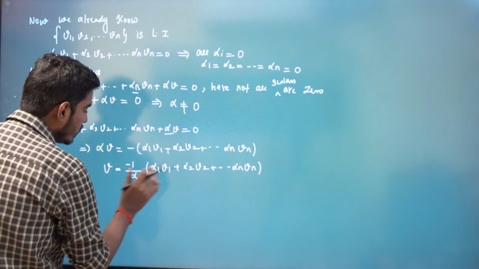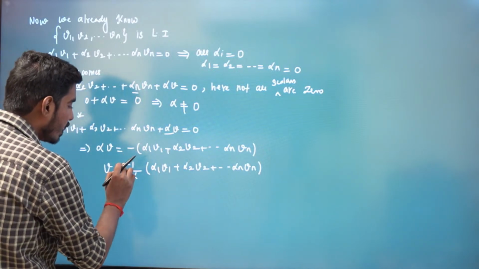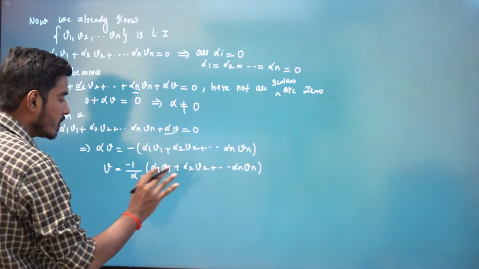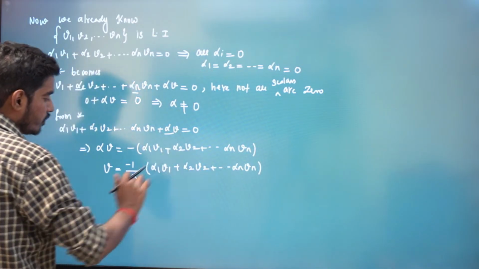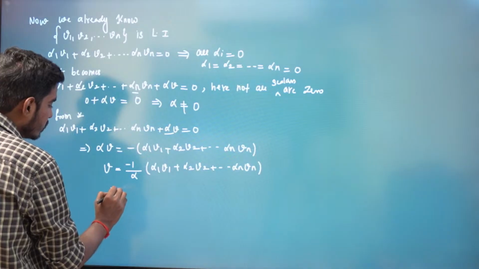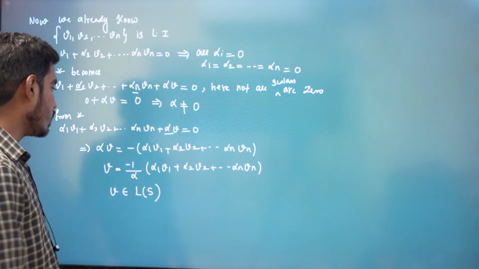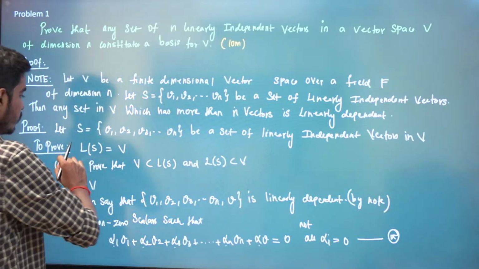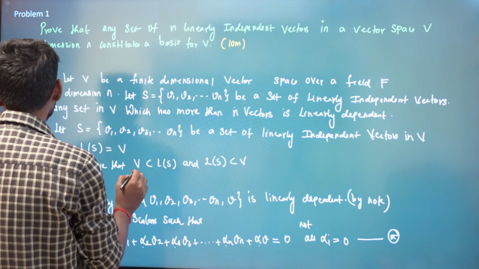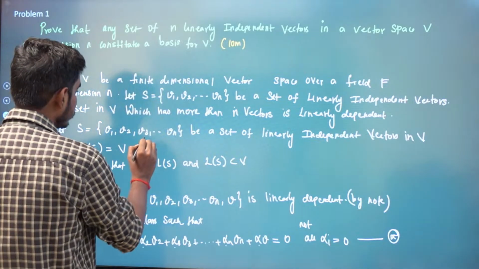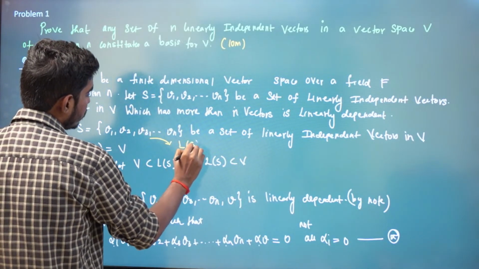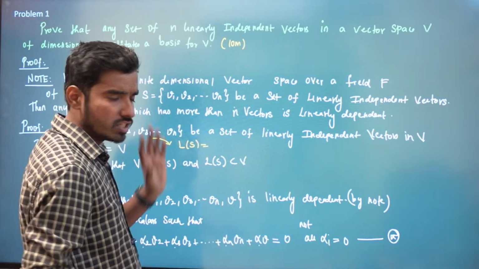What is this actually? This v belongs to L of S. What is the linear span of S? L of S consists of all linear combinations of this set of vectors.